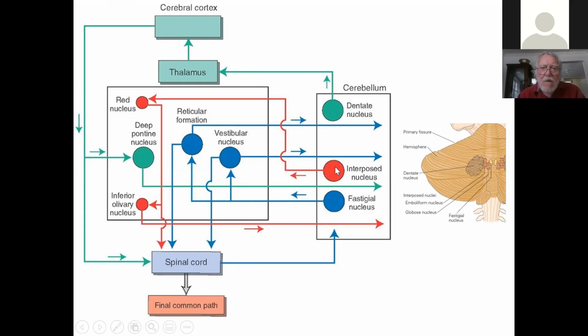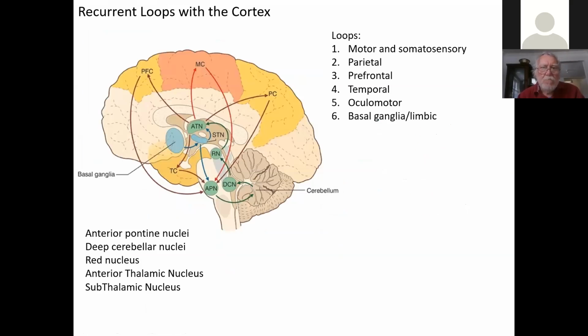We then have fibers of the interposed nuclei controlling the rubrospinal tract, and then we see vestibular inputs providing inputs into the vestibular nuclei, as well as the reticular formation to produce what? Reticulospinal outputs.